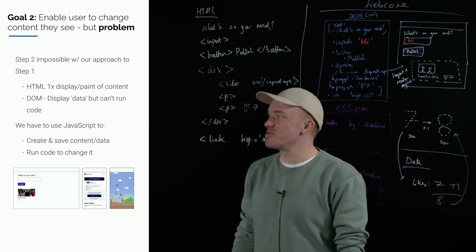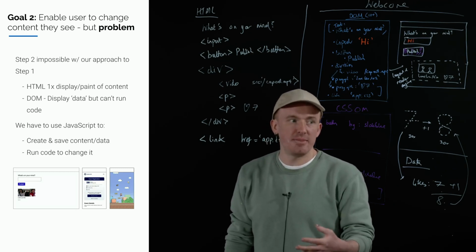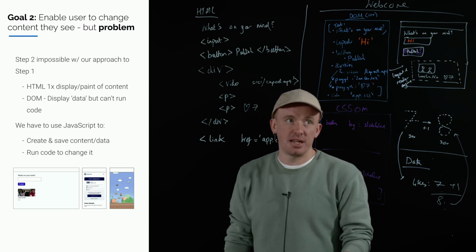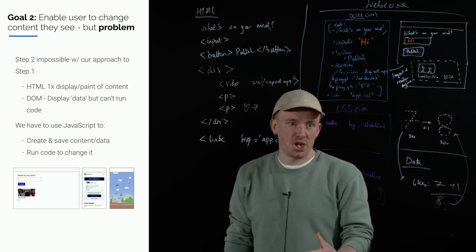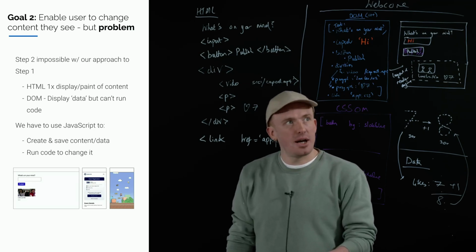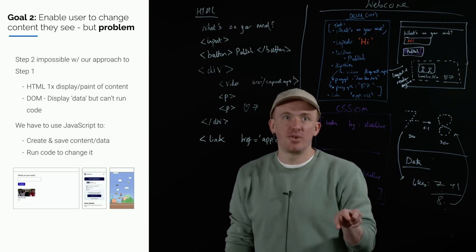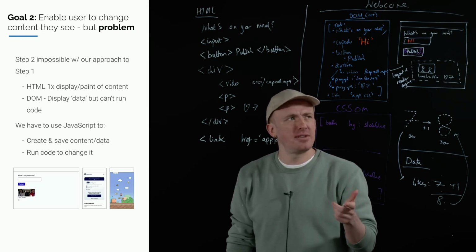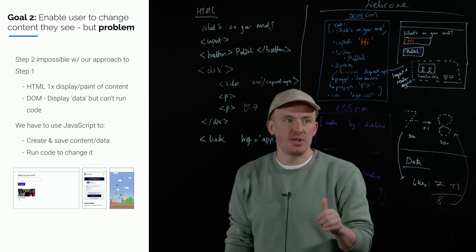We have to use JavaScript to create and save content, posh name data, even posher name state. State you can think of as all the information about what's being displayed. If you're in Excel and you tap a cell, and now double tap a cell, start writing, that has data associated with that action.